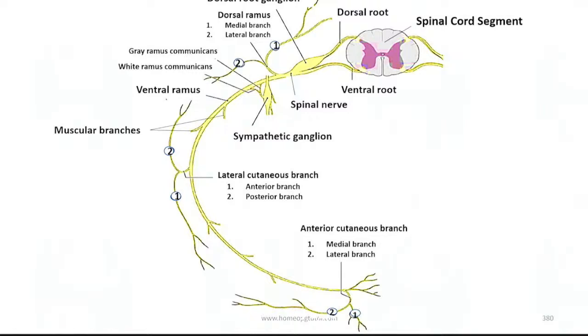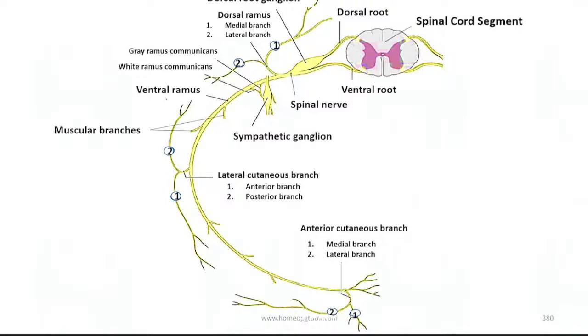Remember, spinal nerves are actually mixed nerves. Spinal nerves are called spinal nerves because they originate from the spinal cord itself. And this is a part of which system? The somatic nerves, otherwise called the peripheral nervous system.